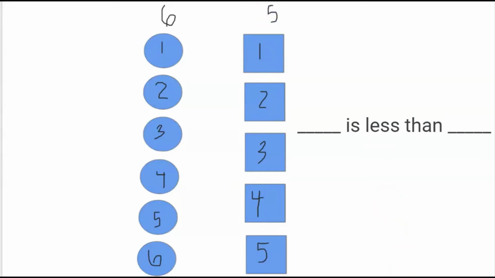Now that we've used our way of lining up our circles and our squares to help us count, using our counting path of numbering the circles and the squares, what else could I do to see if I have more circles or squares? What's another strategy we could use?